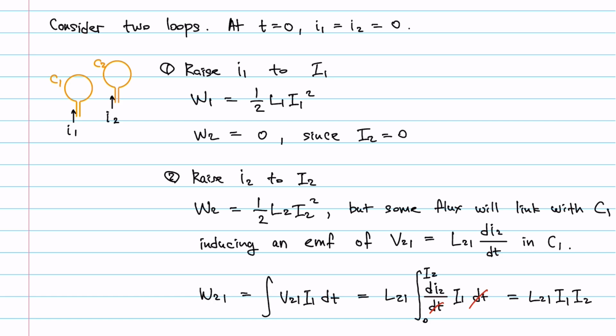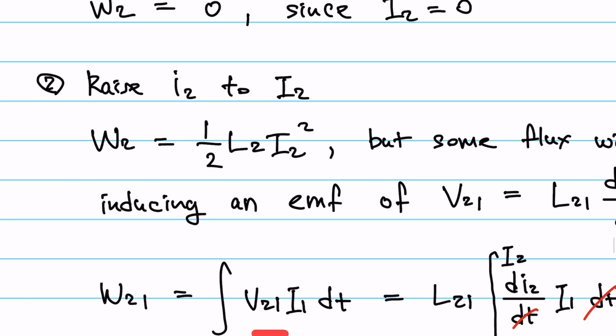So you need to note that the magnetic energy between coil 1 and 2 is now going to be expressed in terms of the voltage V21, which is current number 2 inducing voltage in coil 1, times the coil 1 current, which was already there.